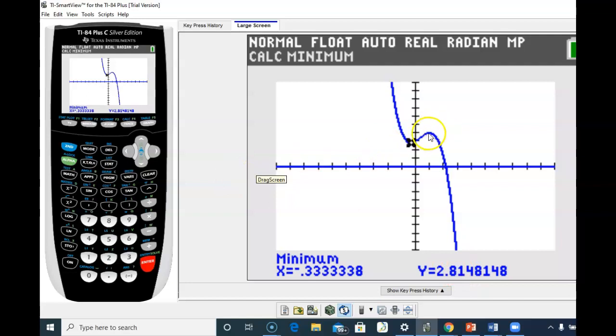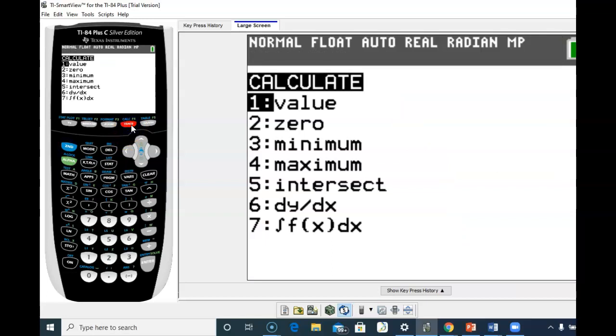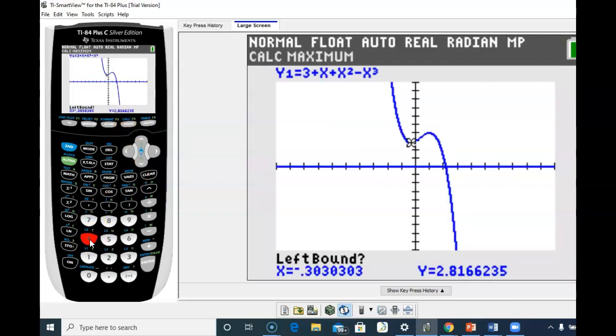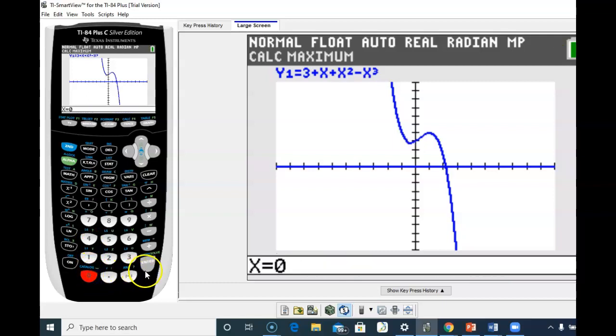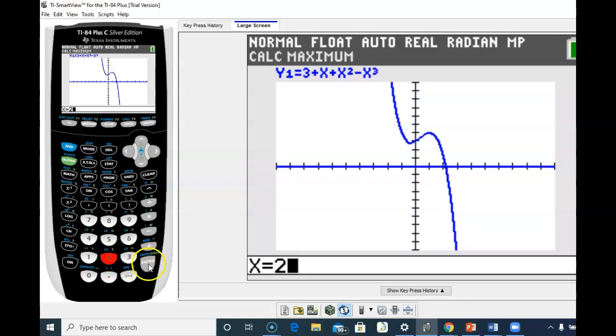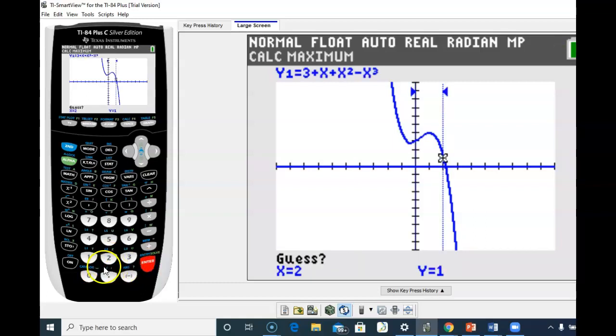Okay, if I want to find the maximum over here, then I'm going to go to second and trace. I'm going to find number 4 for maximum. Left bound, I'm just going to put 0 in. You don't really have to be all that exact with this. My right bound, I'm going to put 2 in. And my guess, I'm going to put 1 in.